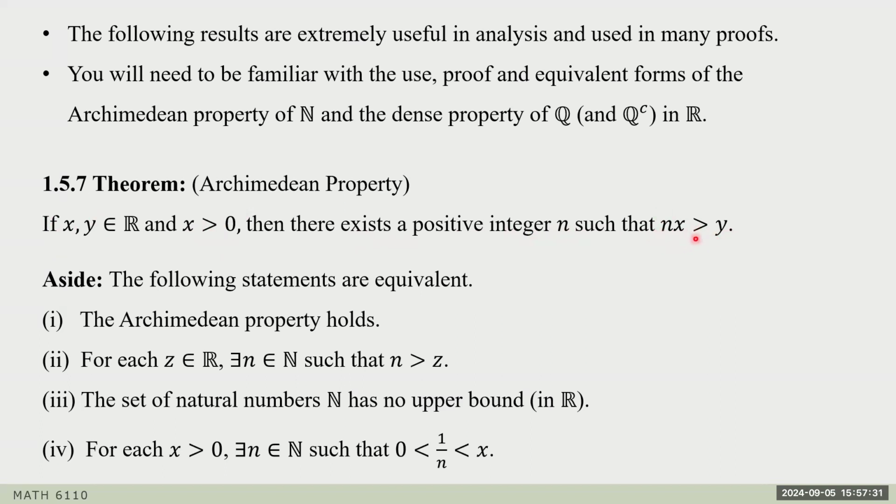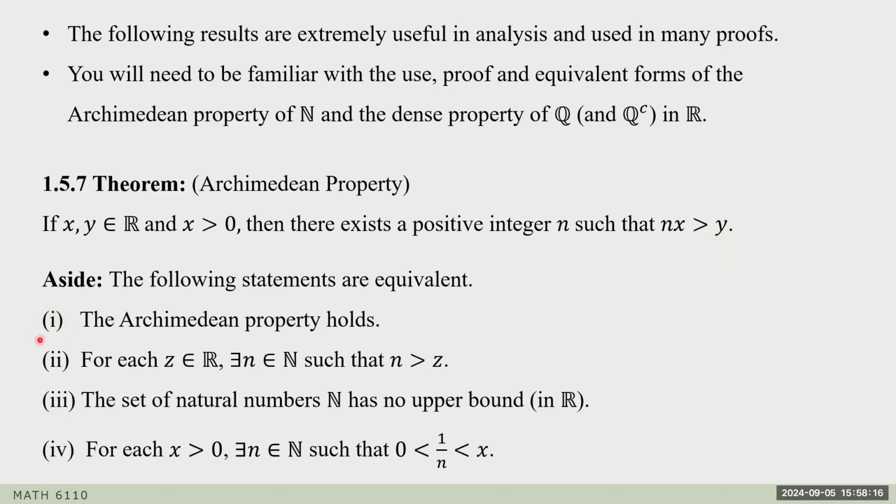So if you think about what this is trying to say, y is your number, and my number is x. And let's just say again, x is positive. No matter how large your number y is, I could always find a natural number n such that when I multiply n by my number, my new number is bigger than yours. Okay, so you can think of it like you could always boost x arbitrarily large to be bigger than any real number, any y.